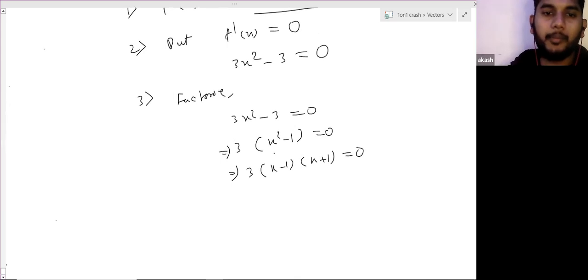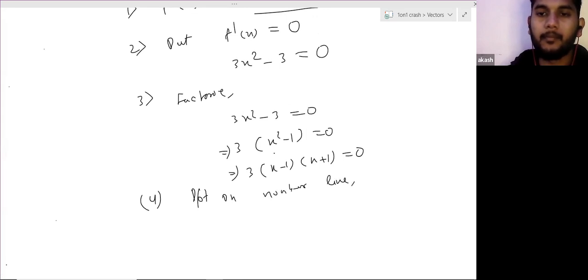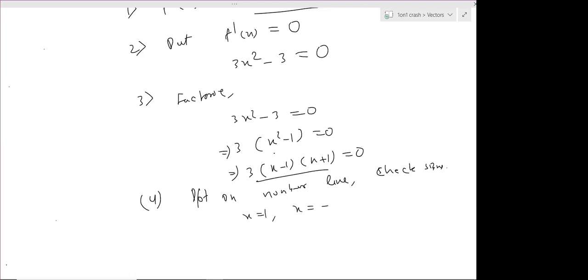Now starts the crucial part. Plot a number line. Check the signs. What do I mean by this? The factors from this are x equals 1 and x equals minus 1, right?